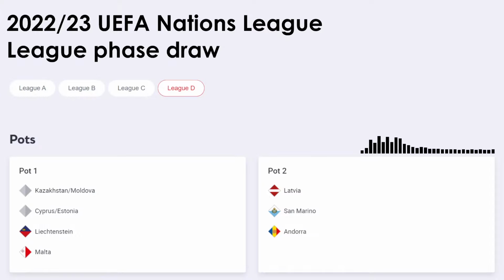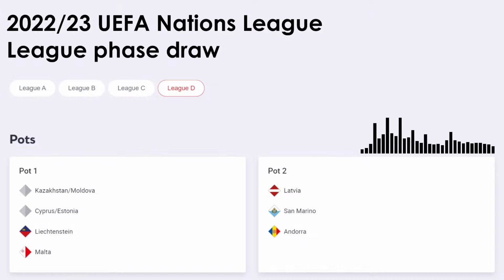They show a technical video there. So it will start from League D. The Moldova versus Kazakhstan match has to be done, then the winner of that match can play from Port 1, and the Cyprus versus Estonia match also has to be done, and after that they can select.